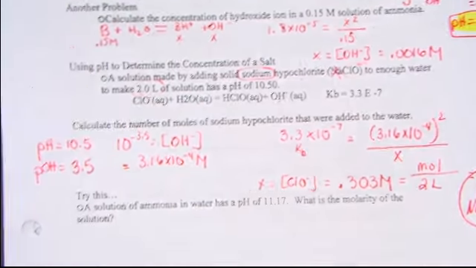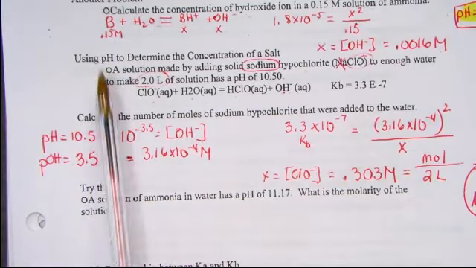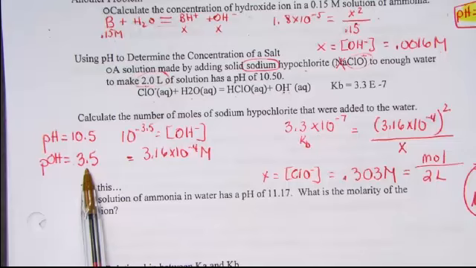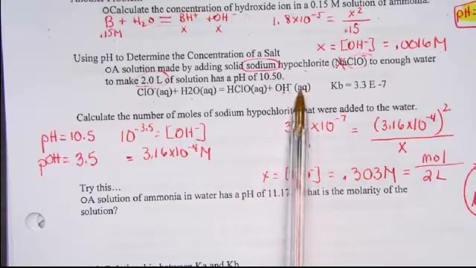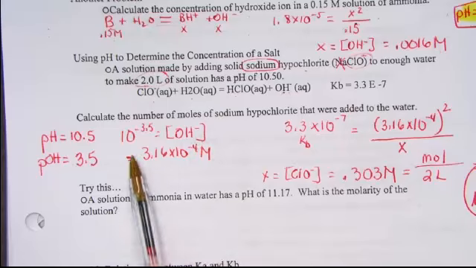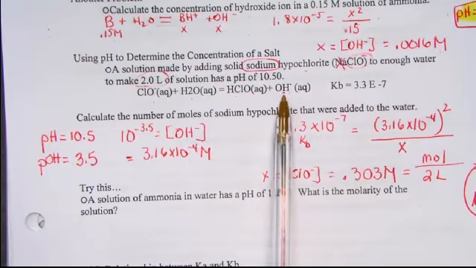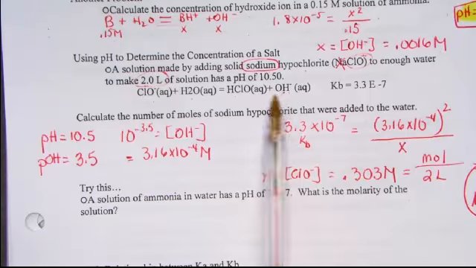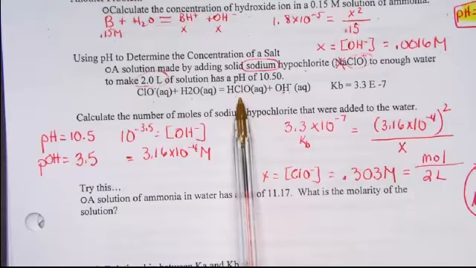Here's what we've done. We used pH to find pOH of a basic solution. The pOH allowed us to calculate hydroxide's concentration. 10 raised to the negative pOH is giving us this concentration of the base ion. But it also gives us the conjugate acid. These two are always equivalent.